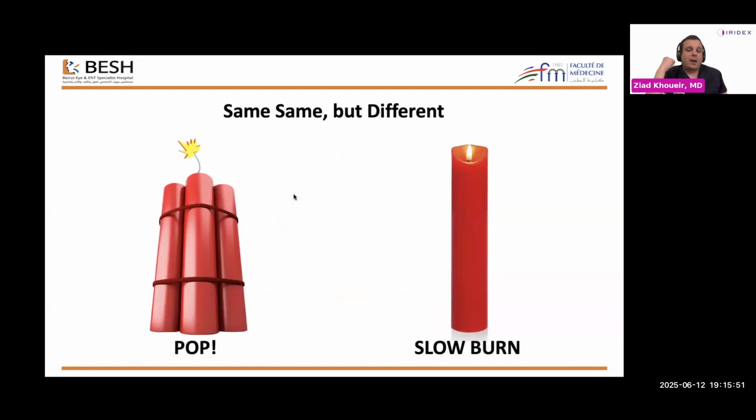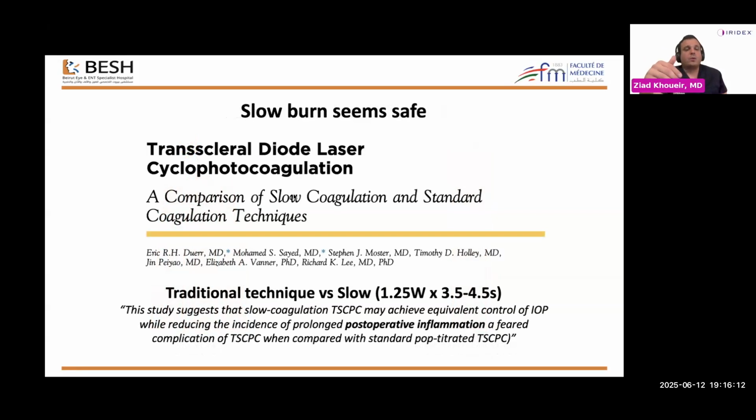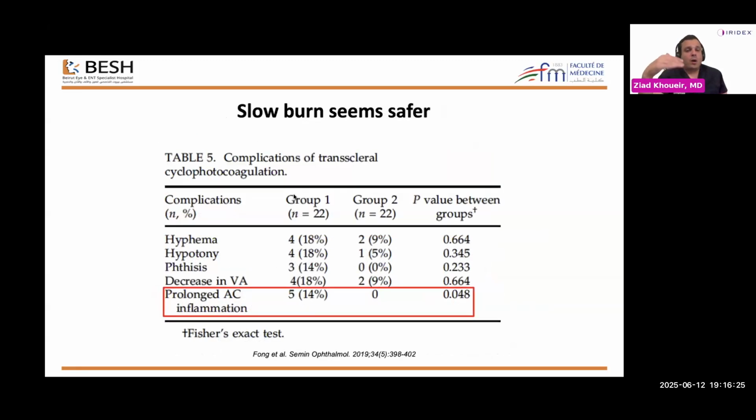So instead of delivering the energy quickly in a burst and getting a pop, the new tendency is to do what we call a slow burn, which is slowly cooking the ciliary body like you would with a very gentle candle. And studies have shown that this approach, the slow coagulation approach, will give you outcomes in terms of efficacy that are comparable to the classical pop approach, but with a better safety profile, namely a lower risk of prolonged AC inflammation.